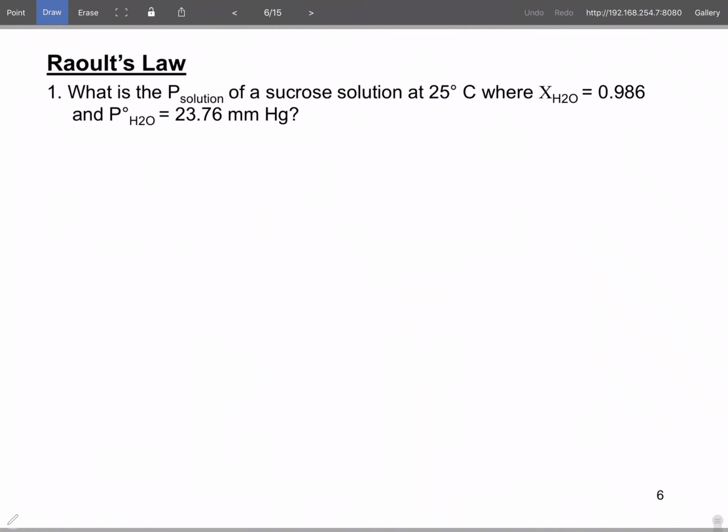What's the pressure of a sucrose solution at 25 degrees, where the mole fraction of water is given and the standard pressure of water?